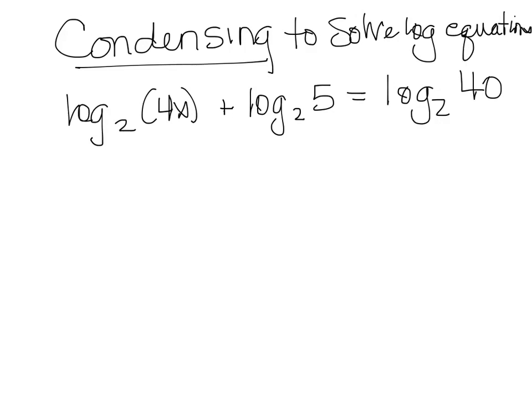So it sure would be nice if I had just one log on the left, one log on the right, so that everything would cancel. What you don't want to do, let me stress this, is, because of this plus sign, cancel, cancel, cancel. That does not work. Can't do that.